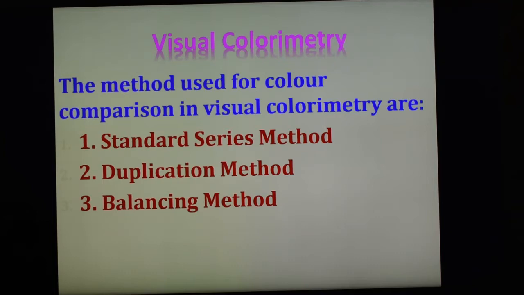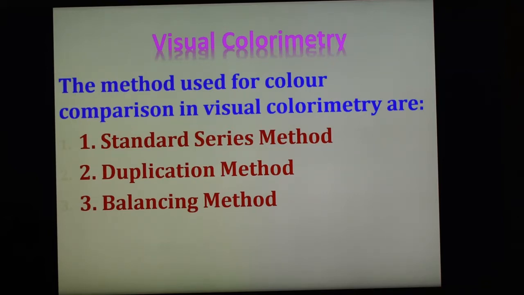Visual comparison of the colors can be done by various methods like the standard series method, duplication method, and balancing method. The visual colorimetric method does not give accurate results, and hence it is not much useful in analytical chemistry. These are only the initial methods for the comparison of color, known as the visual method.